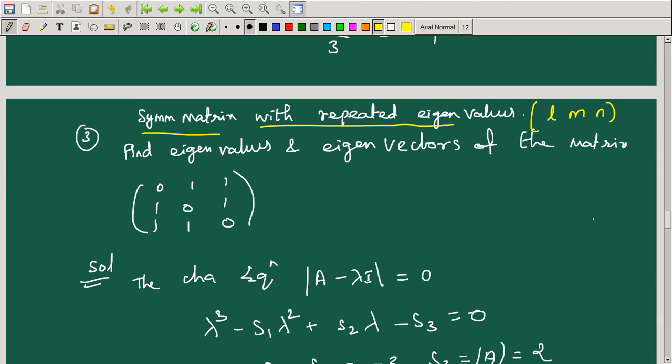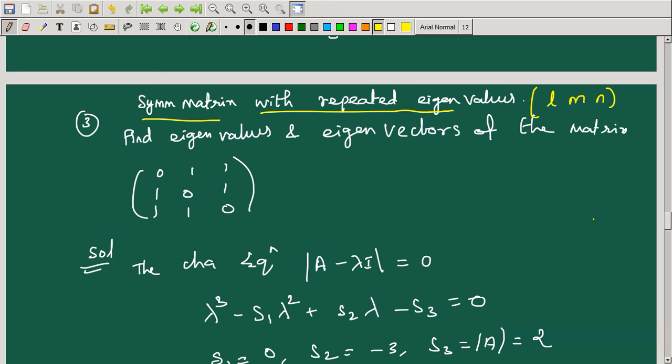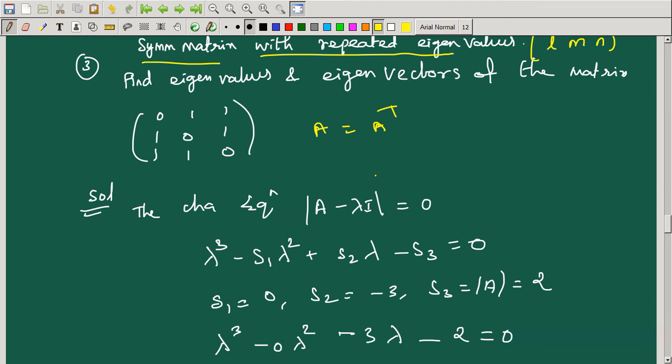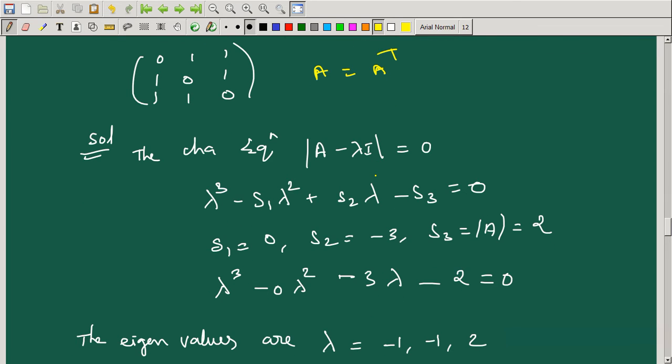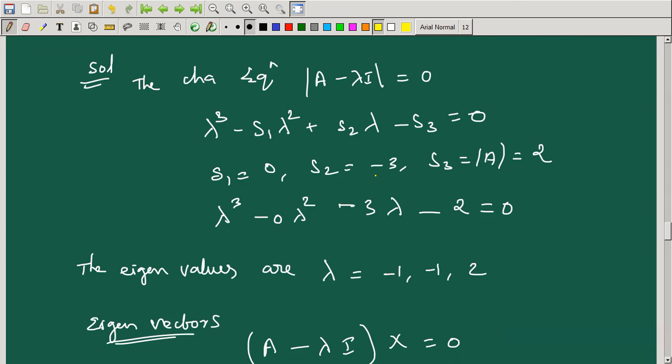Given the matrix, find the eigenvalues and eigenvectors. This is a symmetric matrix. You know how to check: if A is equal to A transpose, it is a symmetric matrix. Write the characteristic equation and find all the eigenvalues. We get lambda equal to -1, -1, 2, which means a repeated eigenvalue.